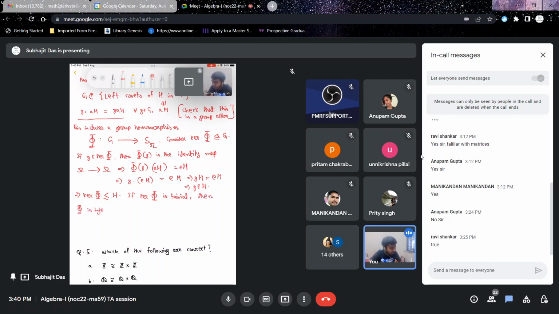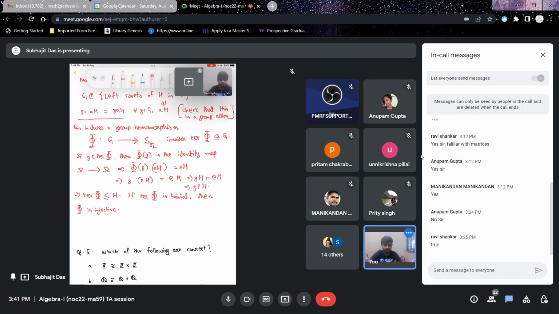And what happens if the map phi from G into S omega is injective? In that situation, this map phi will be an isomorphism of G onto its image. So G can be embedded into S omega as a subgroup. And you have already studied by Lagrange's theorem that if G is a finite group and you take any subgroup of G, then the order of the subgroup must divide the order of the group.